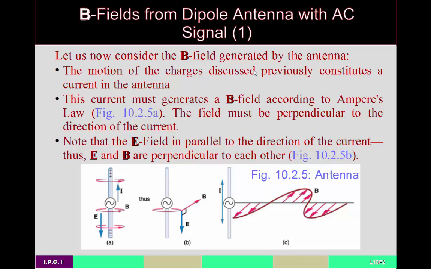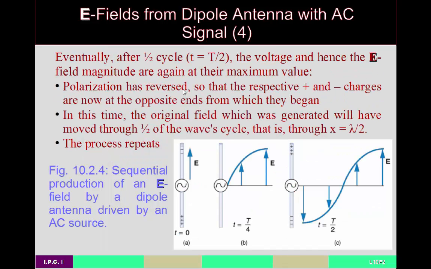Now let's consider what the B field does. The E field during all of this is going to be propagating away. In other words, if you have a sensor over here at 1/2 of the wavelength away from the antenna, then at time t equals T/2, in other words half a cycle later, you'll finally detect the maximum E field.